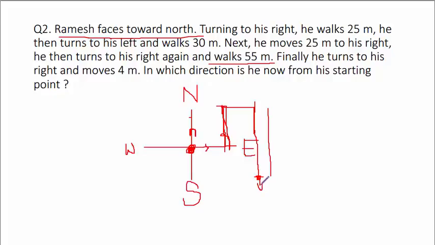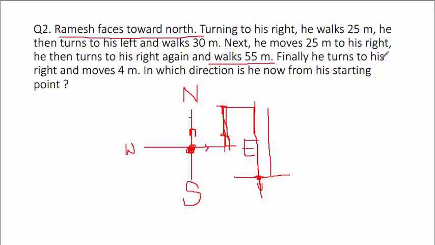If you are watching on your system, laptop or mobile, you think your right will be this direction, but only if you are facing this direction would your right be in this direction. But Ramesh is facing this direction, so his right will be this direction. Okay, understand?